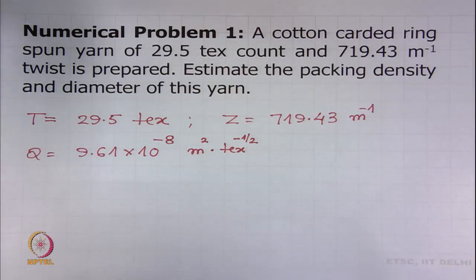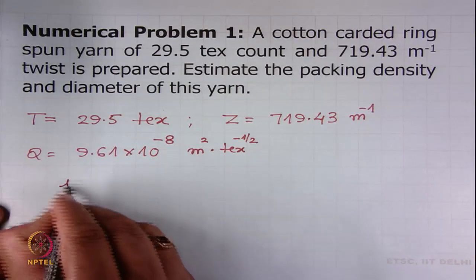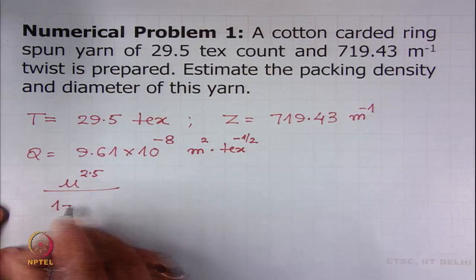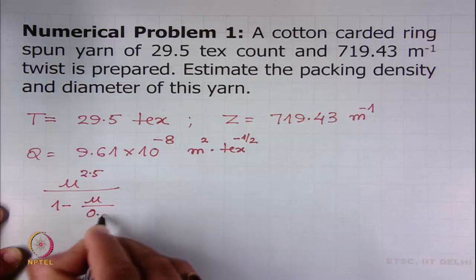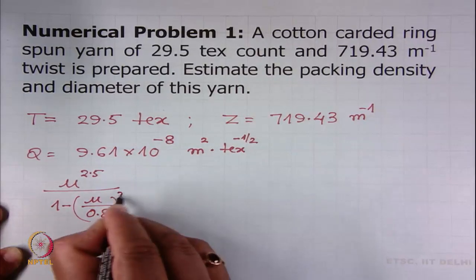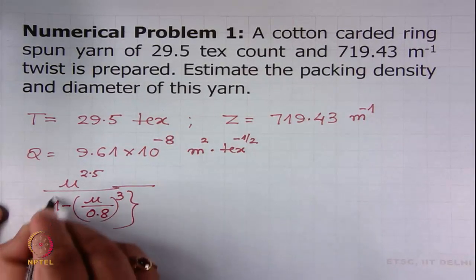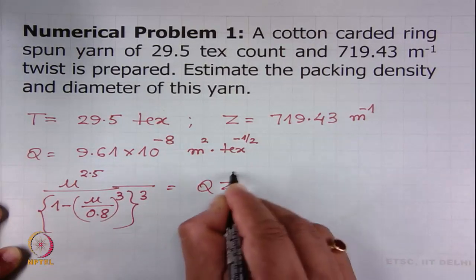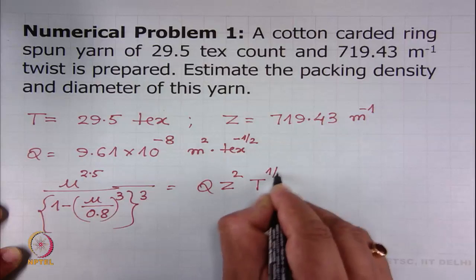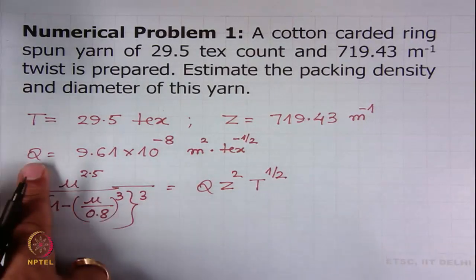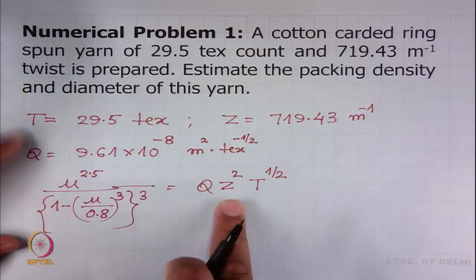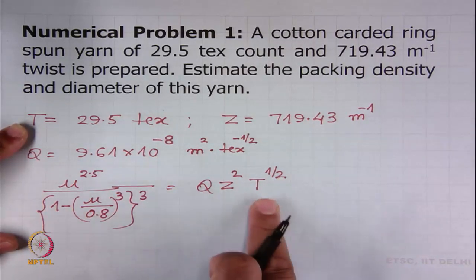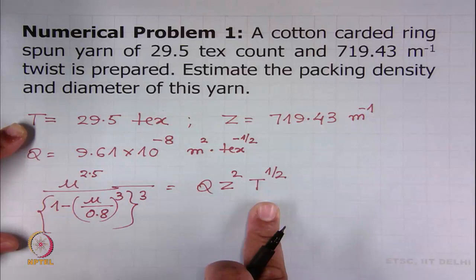Okay. So, mu to the power 2.5 by (1 minus mu by 0.8) cube whole cube is equal to Q Z square T to the power half. Q you will substitute this value, Z you will substitute 719.43 meter inverse, and T you will substitute 29.5 tex.